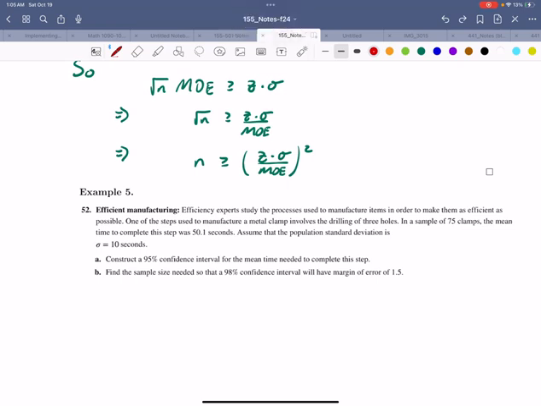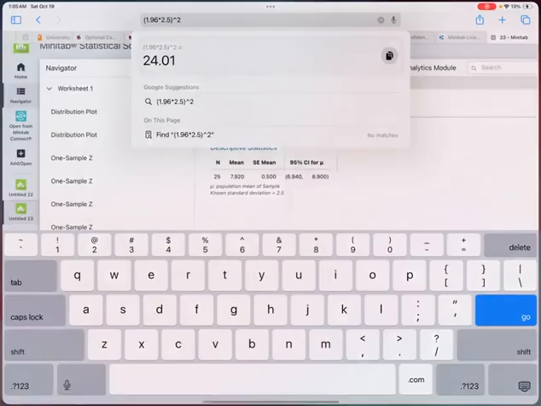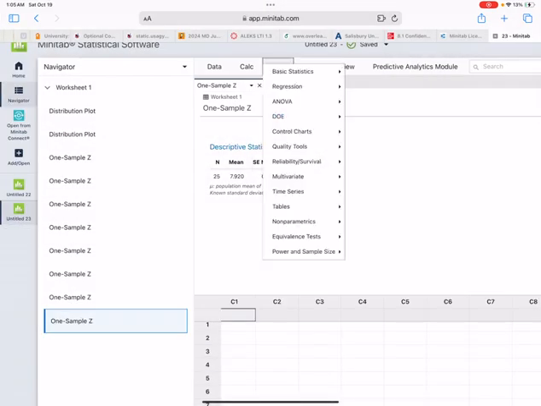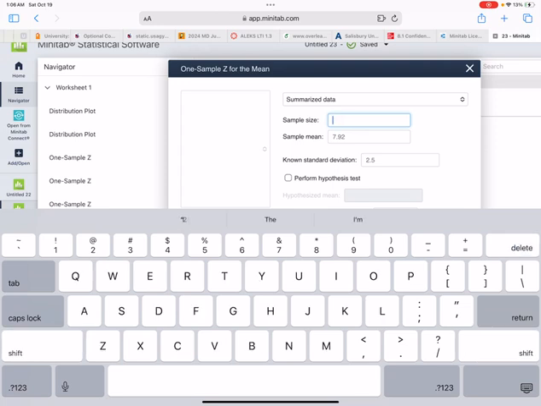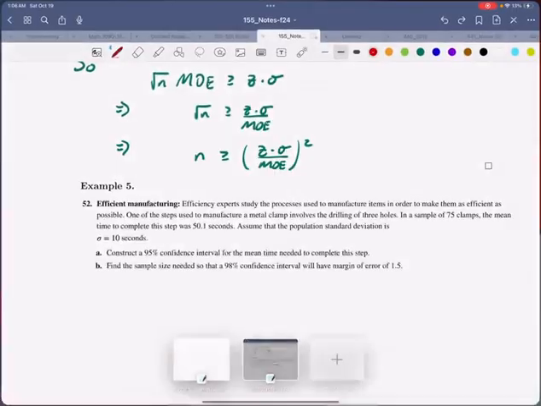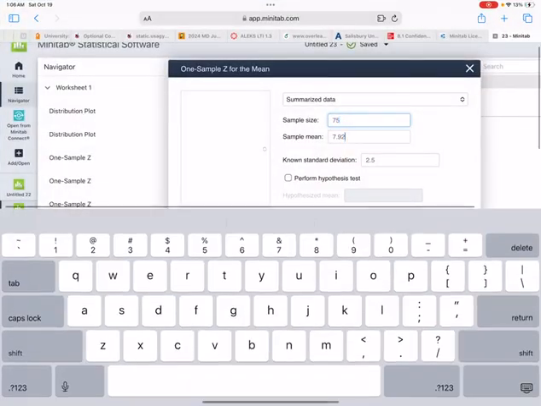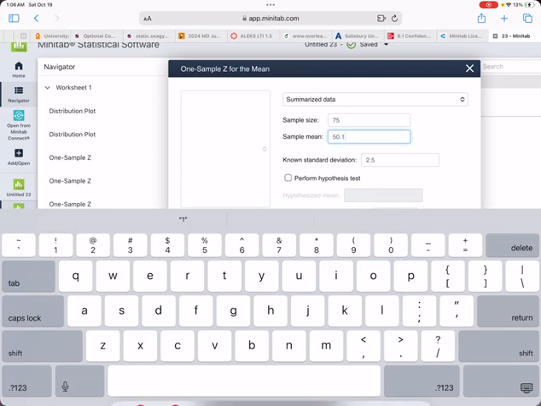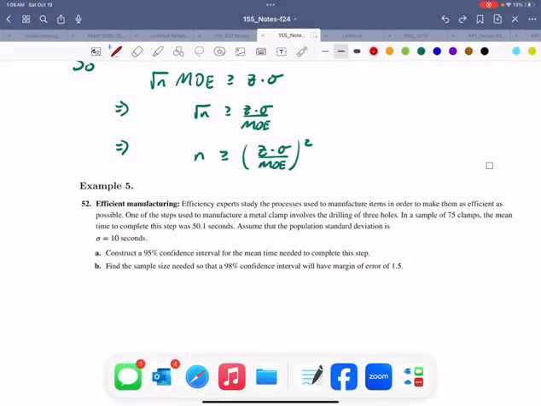N equals 75, mean equals 50.1, and the standard deviation was 10.